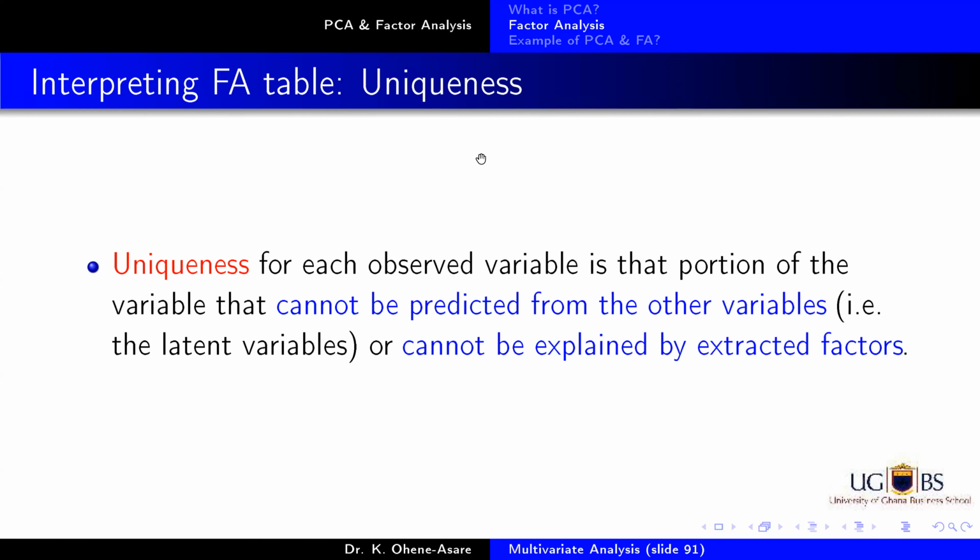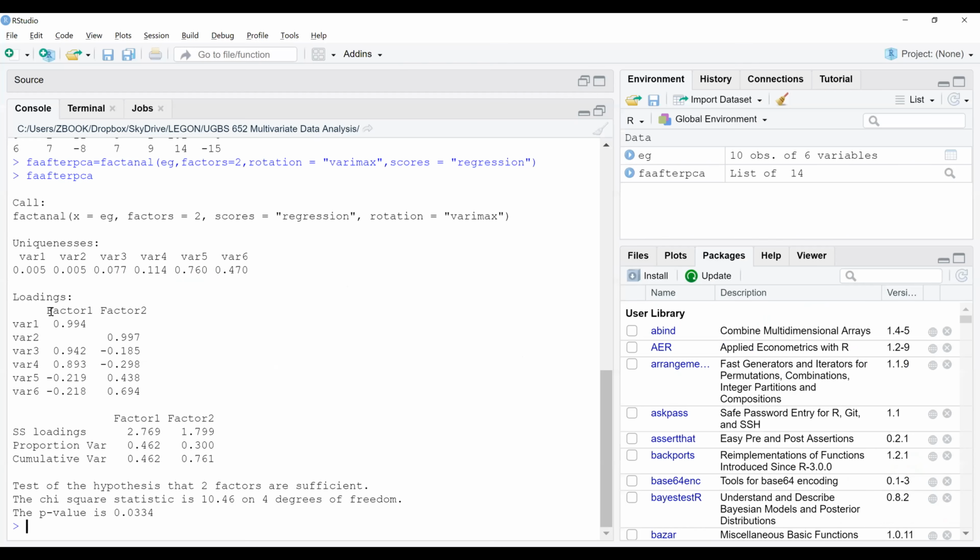2. Okay, let me take you back to the arrow. The extracted factors are 2. So you can see from here that you have factor 1 and factor 2. Now, each variable has got a portion that cannot be explained by the extracted factors. Whether it's from factor 1 or factor 2, there is something unique about a variable that cannot be explained.